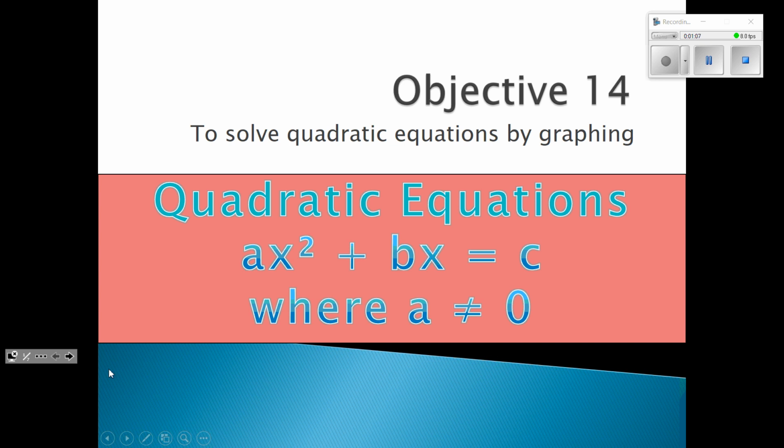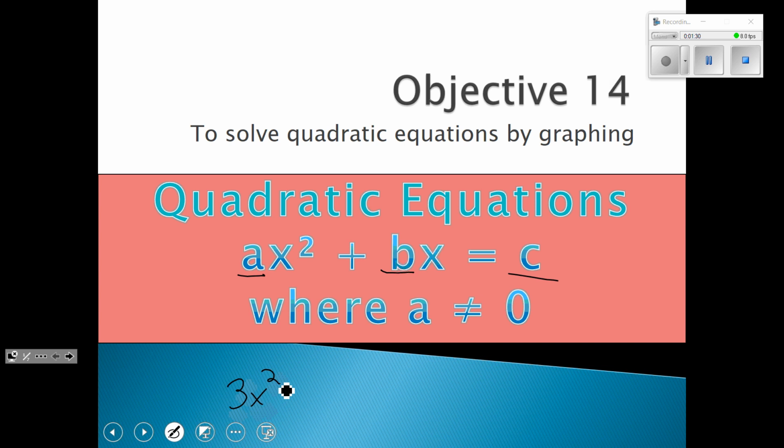So let's talk about what a quadratic equation looks like. A quadratic equation looks like ax squared plus bx equals c, where a cannot be 0. So a, b, and c are going to be coefficients or constants if it's a c. They're going to be numbers.